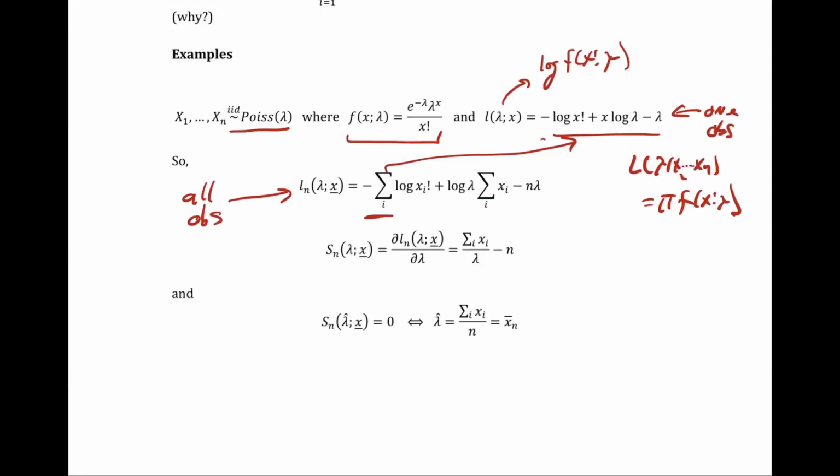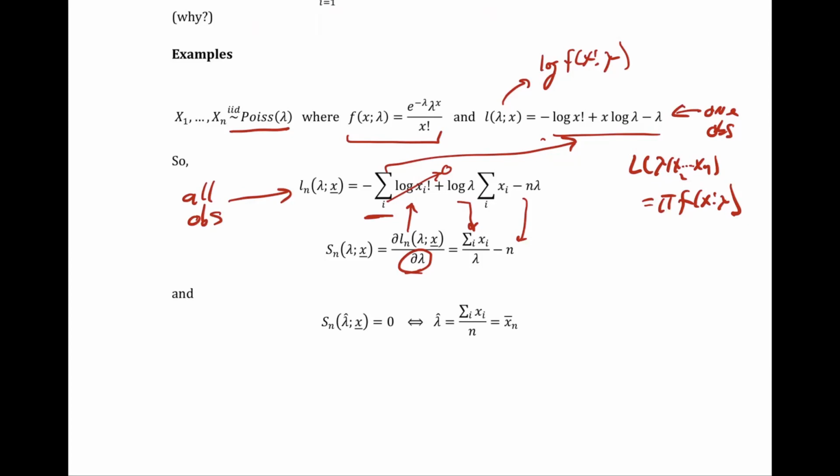And now what I need to do is take the derivative of that thing with respect to lambda. So the derivative of the first term goes away. The derivative of log lambda times the sum of the x's gives that term, and then this gives that term, and this just goes away, because I'm taking the derivative with respect to lambda and there's no lambda there, it's a constant.